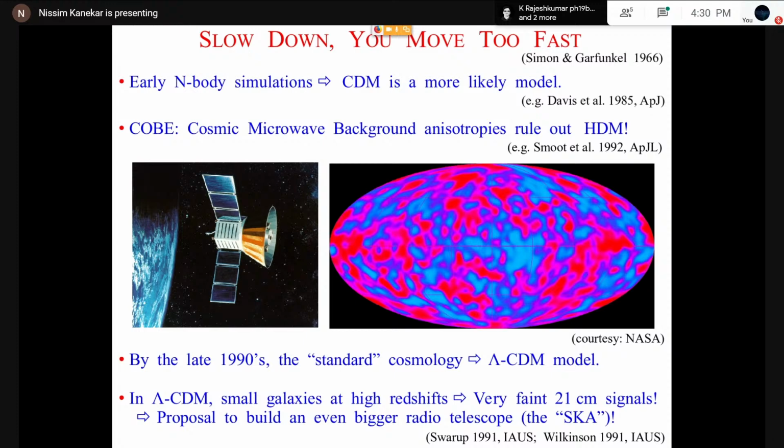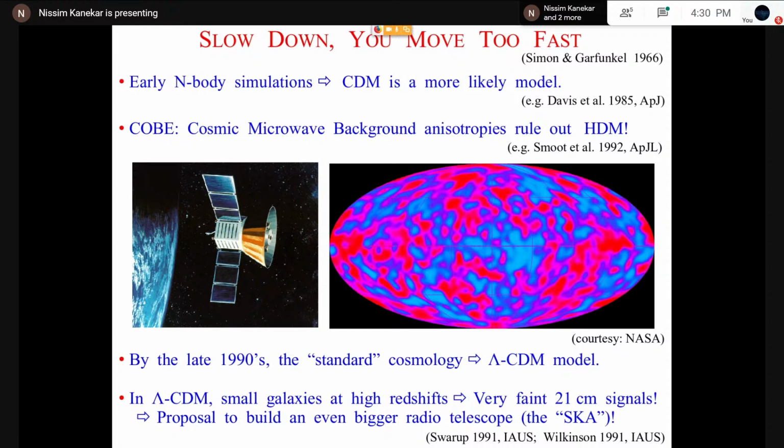And so then Govind, again, while the GMRT was in the process of being built, realized that hot dark matter is going down. And so in order to detect individual galaxies and study galaxies in 21 centimeter, you need an even bigger radio telescope.